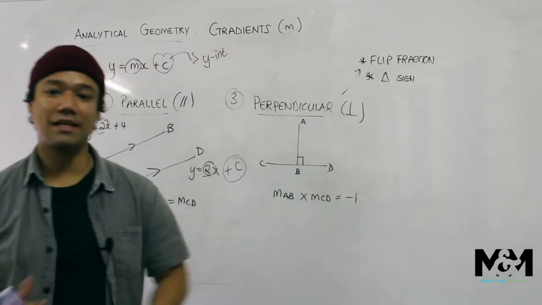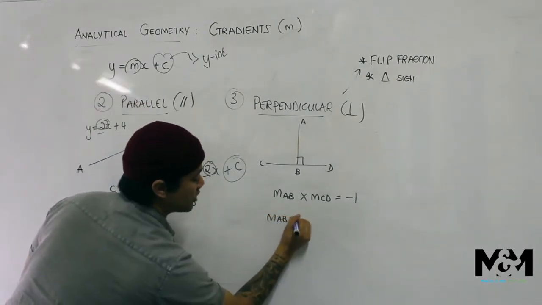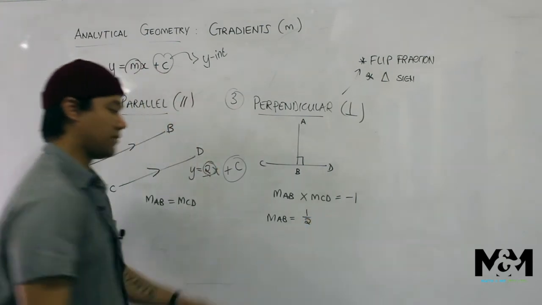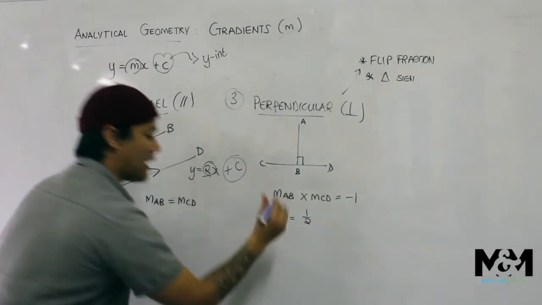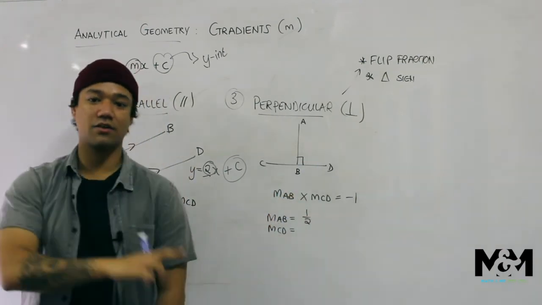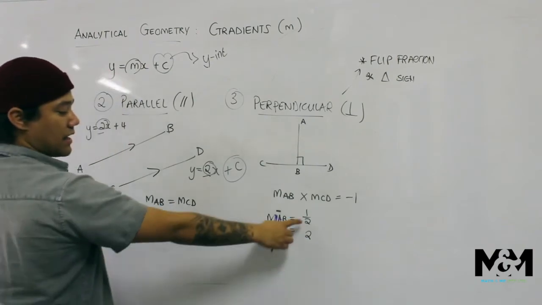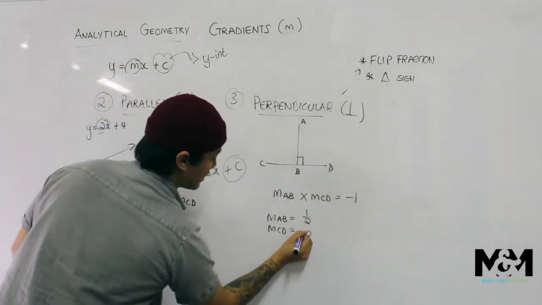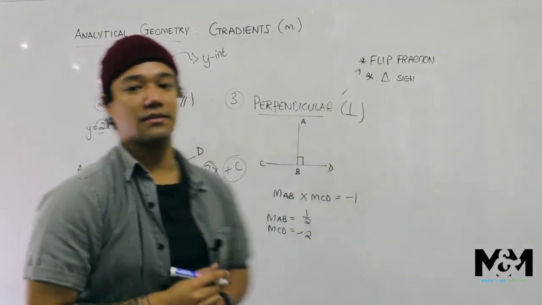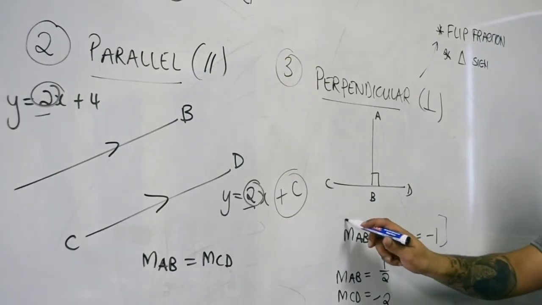What does that mean? If I'm given that the gradient of AB is equal to a half, positive, and I know they are perpendicular, the gradient of CD will be: flip the fraction. If I flip 1 over 2, it becomes 2 over 1, which is just 2. That is positive, so I'll change the sign. CD must be negative. Just be sure to indicate that this is your reason for that.